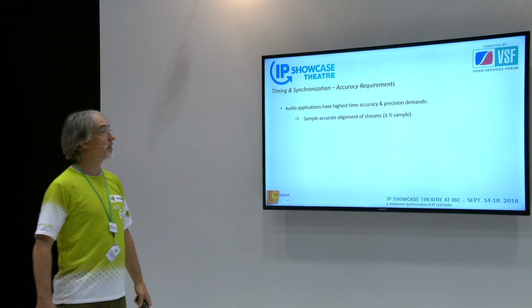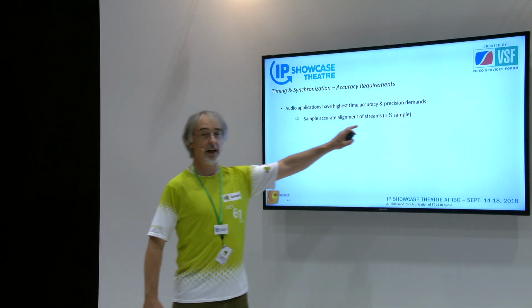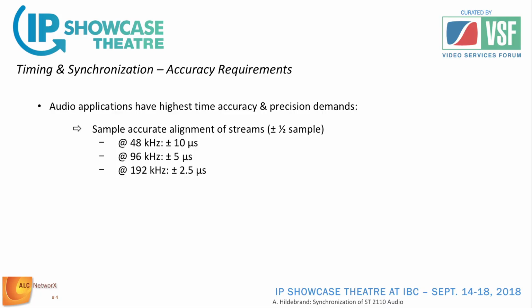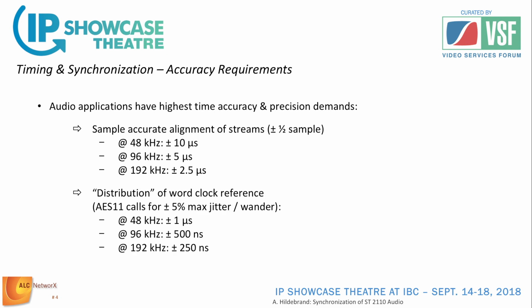So the reference needs to be at least as accurate as plus minus half a sample, which translates into these nice numbers. You can see with 48 kilohertz, plus minus 10 microseconds, which is about half a sample, would be okay. But if we, for whatever reason ever, go up to 192, we already need 2.5 microseconds precision in order to match half the sample clock. Now, the other requirement, remember, was the distribution of the word clock reference.